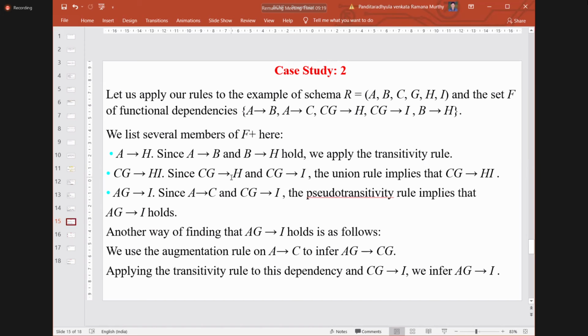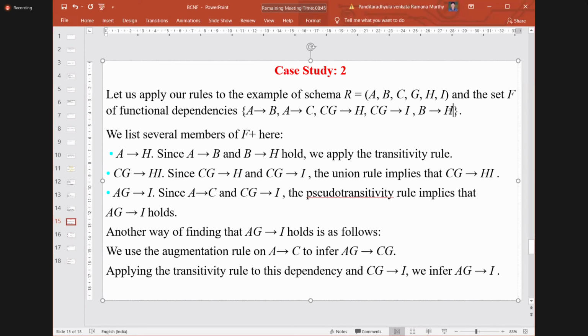We have a set of functional dependencies F. Let our relation R have columns A, B, C, G, H, I. On these columns, we have a set of functional dependencies F: A derives B, A derives C, CG derives H, CG derives I, B derives H. That means if you know A, you know B. If you know A, you know C. If you know the combination of C and G, you know H. If you know the combination of C and G, you know I. If you know B, you know H. This is called a set of functional dependencies F.